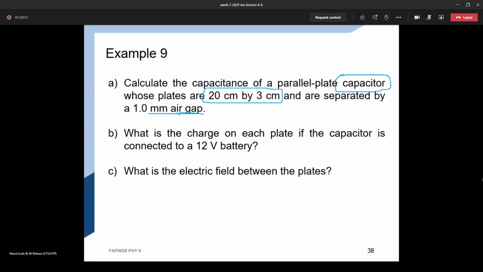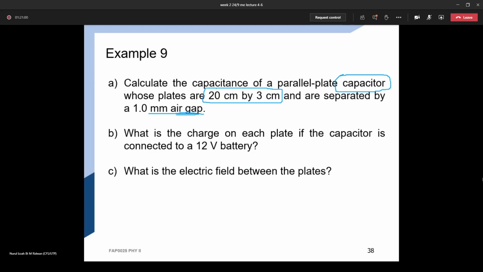Why do you have this air gap? It means that you don't have anything else in between the metal plates. So use this to calculate the capacitance C, and then the charge on each plate is what you are going to calculate next for Q, and then calculate the electric field.